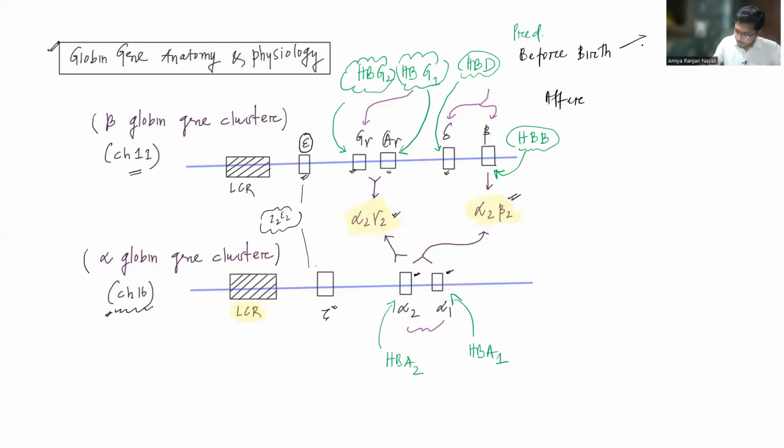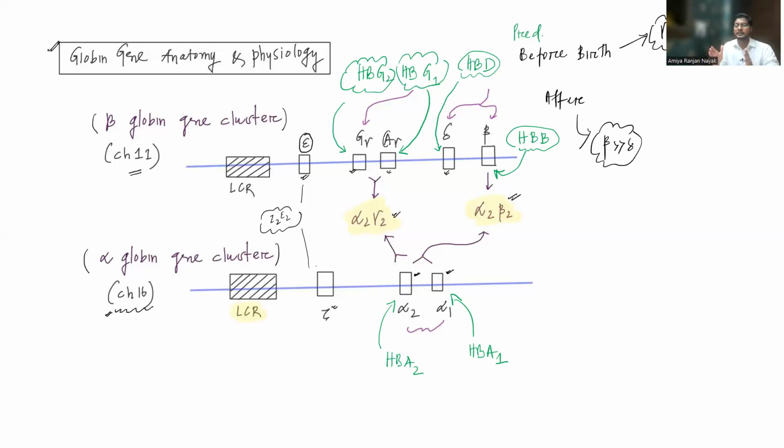So before birth, the predominant beta-like globin is gamma, and predominant after birth is beta, and to some extent delta. Beta more than delta. I hope it is clear.